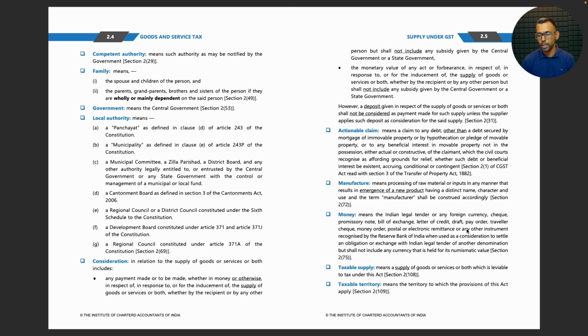So this we saw yesterday. Numismatic value is something people collect coins for collecting sake, so you don't consider that as money. Other than that, anything recognized by the Reserve Bank of India by any name is still considered as money.